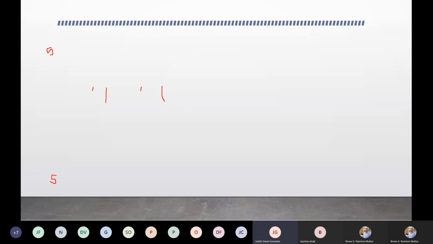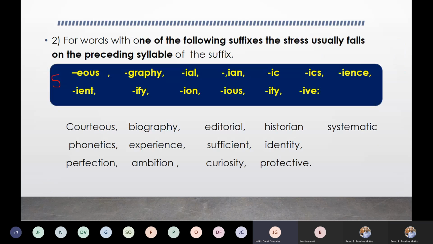Okay, yes, and 5 of the other suffixes and 5 more. Exactly. Okay, exactly. 5 with the first case, 5 with the second case, and 5 with the third case. Exactly. Okay. Thanks. You're welcome.